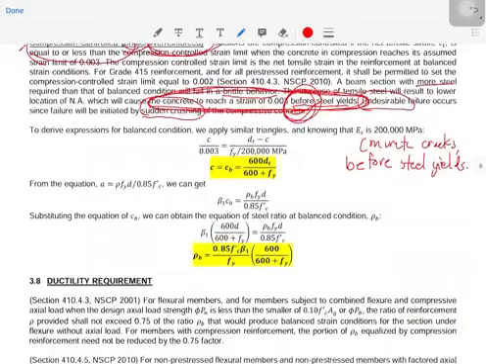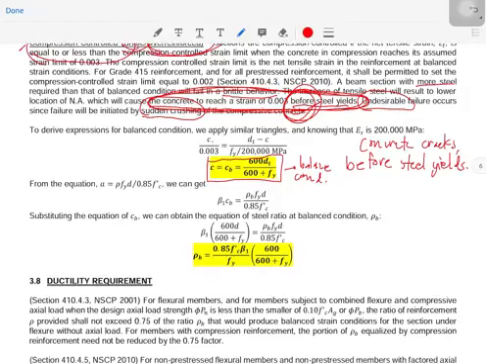Then we have here c over 0.003 equals dt minus c over Fy over 200,000. So therefore the value of c, or the equation for c in balance, take note, this is in balance condition, is equal to 600 dt over 600 plus Fy.